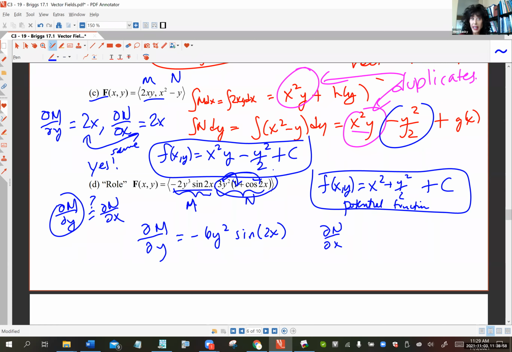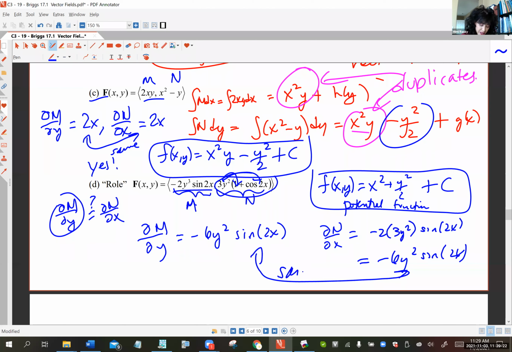The first term doesn't even have an x in it, so that's 0. The second term, when you take the derivative of cos 2x, you're going to get negative 2 sine of 2x, and that's multiplied by the 3y squared. So I'm just going to copy down the 3y squared. But then this is going to give you the same as dm dy. So these are the same. And so, yes, it's a conservative vector field.